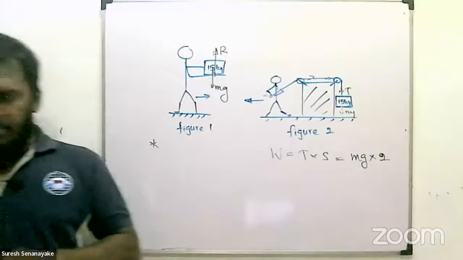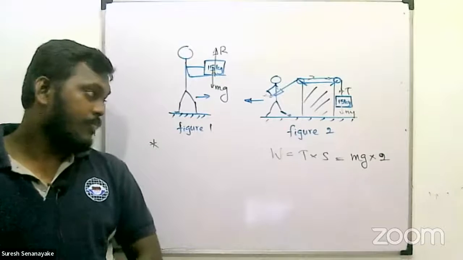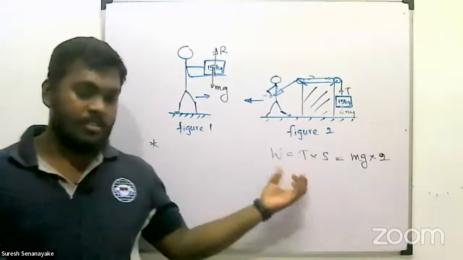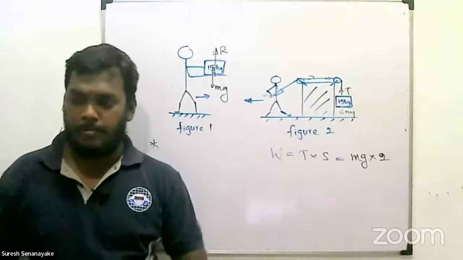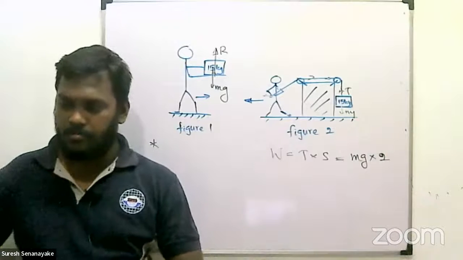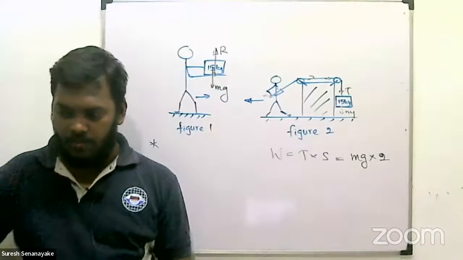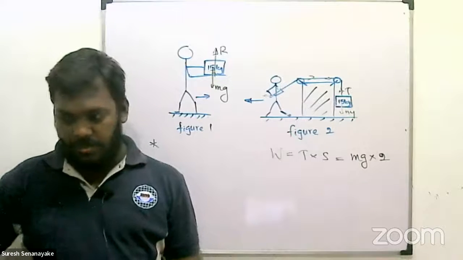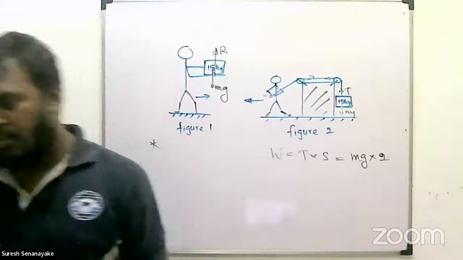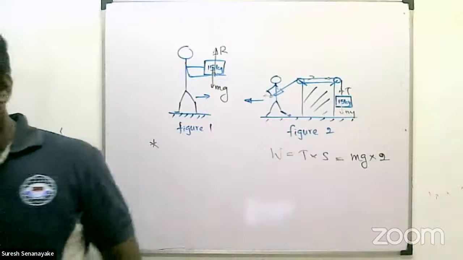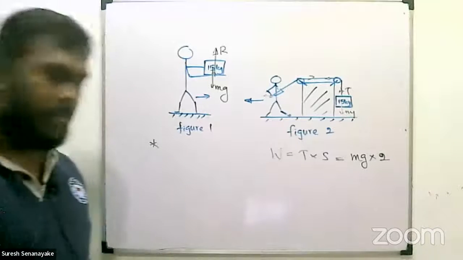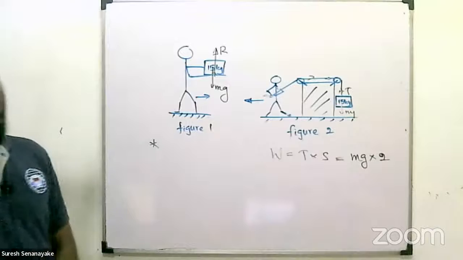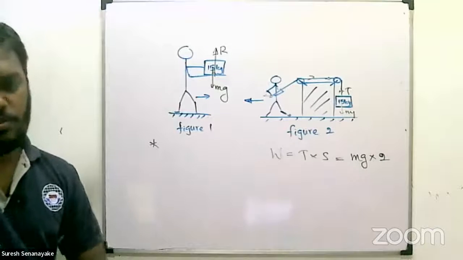You can write in addition to this: work is to be done against friction while moving a distance of 2 meter.